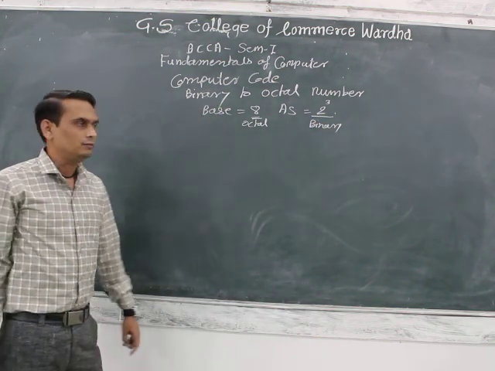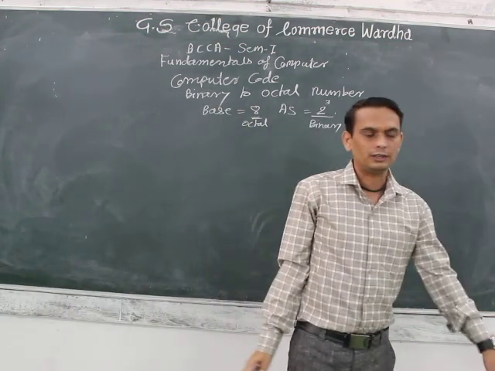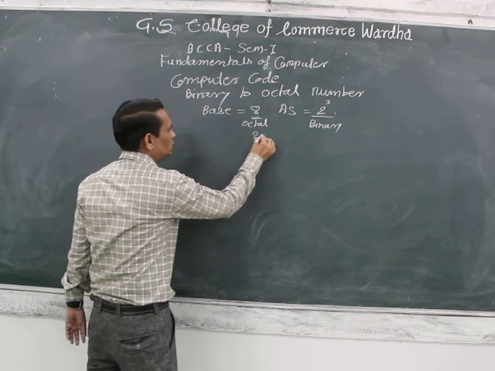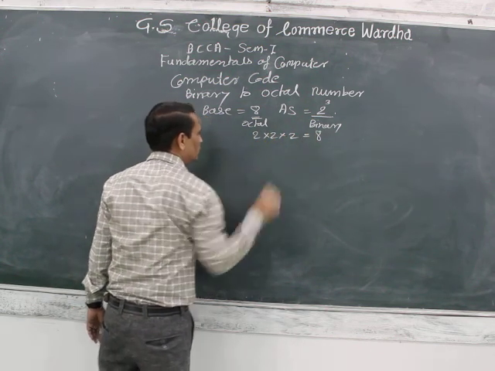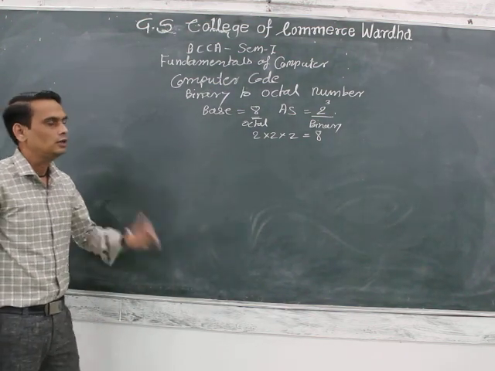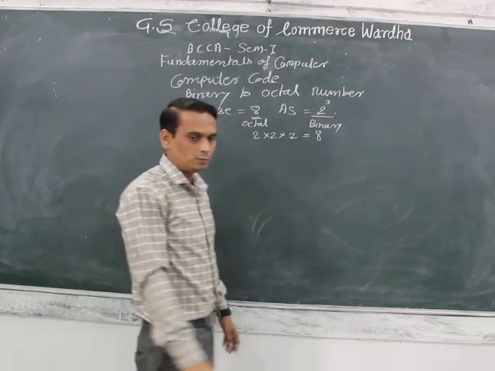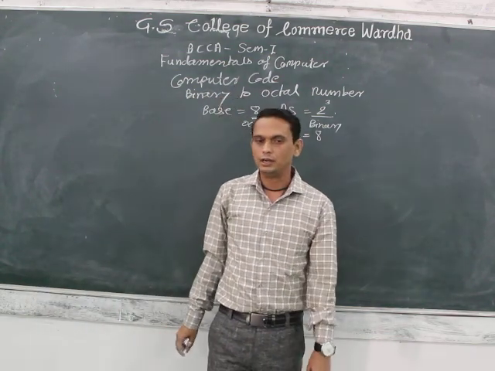We can say that 2 raised to power 3 means 2 into 2 into 2, it creates 8, the base value of an octal number.